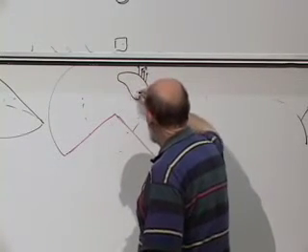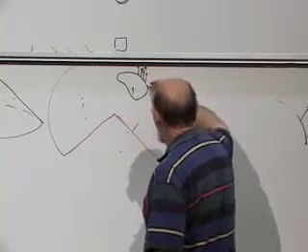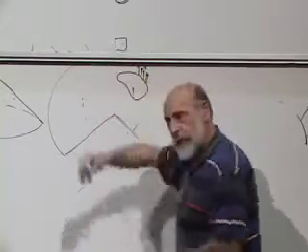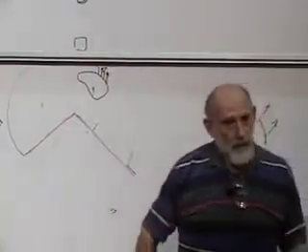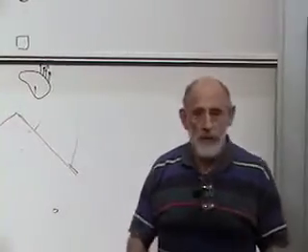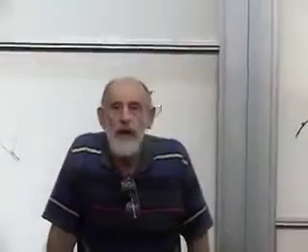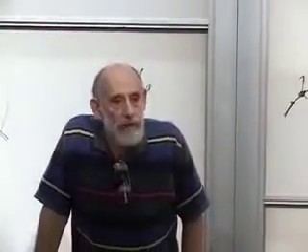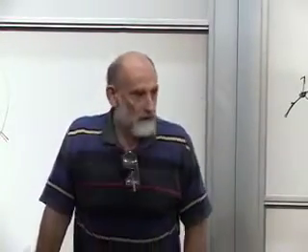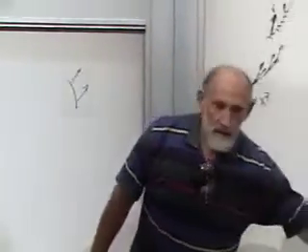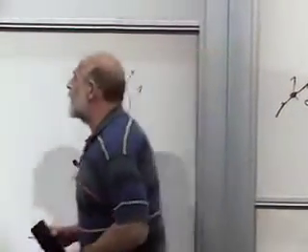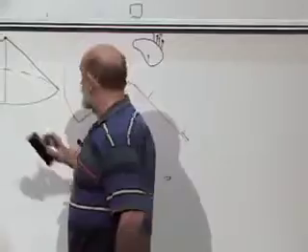And as he goes all the way around, guess what? It comes back to itself. So there's an example of a parallel transport around a closed curve where the vector did come back to its original value.